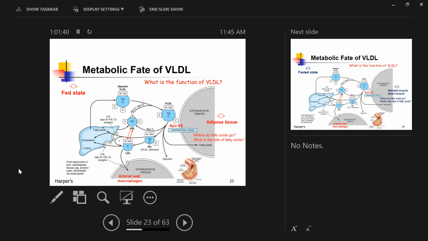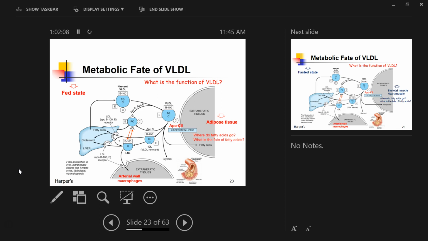So you need to focus on both the nutritional and physiological state, whether under the fed or fasting condition, and also the destination tissue, where VLDL goes. Now let's talk about the fed condition.